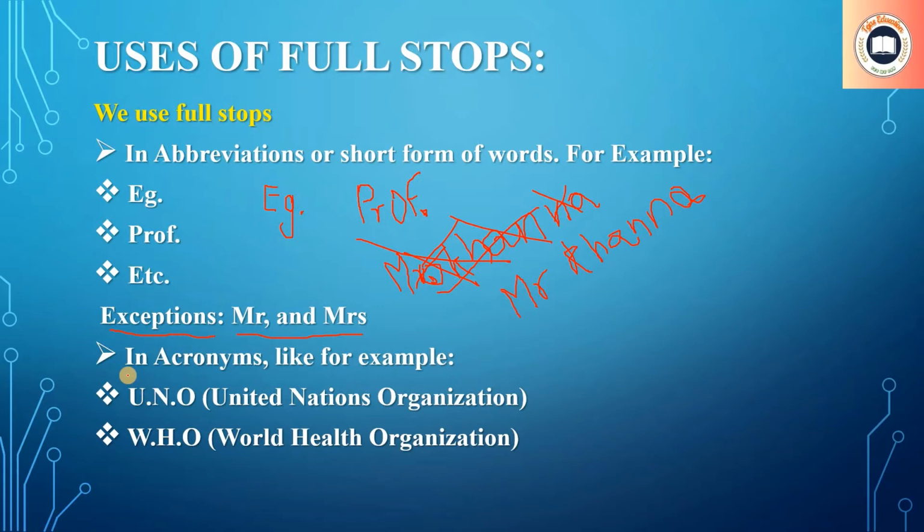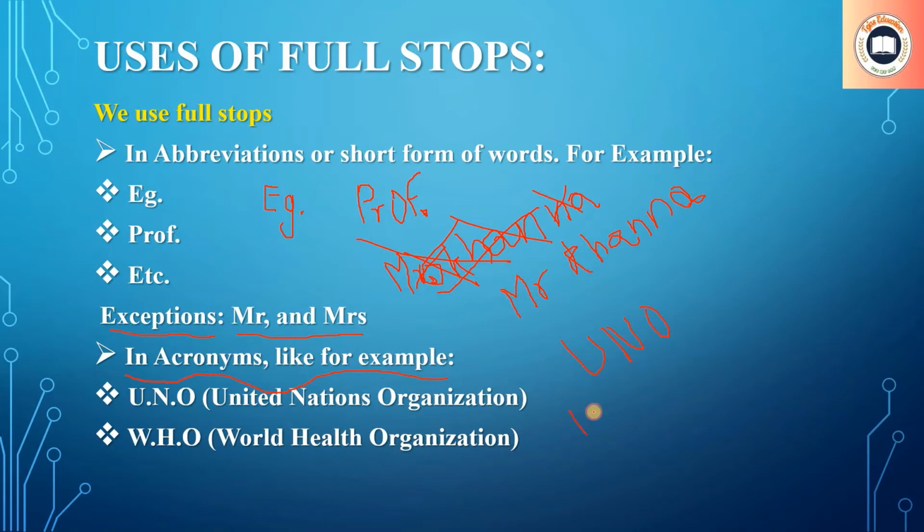Now, the second use is that we use full stops in acronyms. Acronyms are short forms of words. For example, there is a word like United Nations Organization. For this big word, we write a short form, and that is UNO.